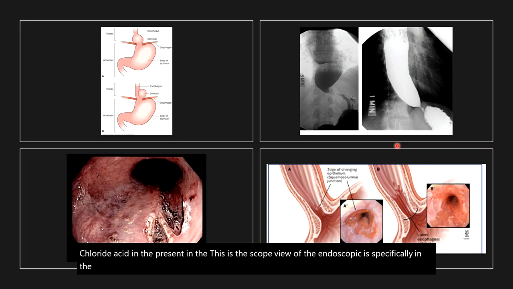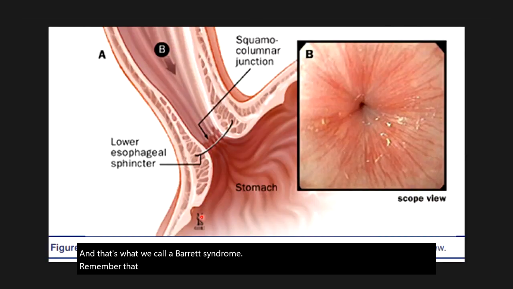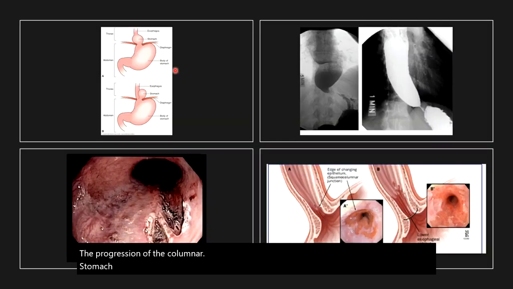Remember that in Barrett syndrome, the change of the epithelium, the progression of the columnar stomach epithelium into the esophagus, is one of the risk factors to develop adenocarcinoma.